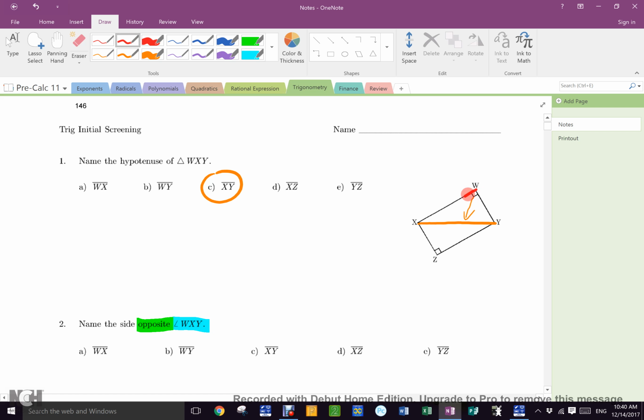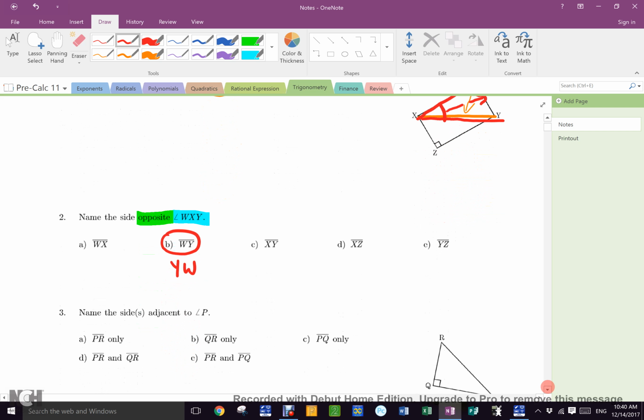It is right there. What is opposite to that? Opposite means across. So it is WY. What if I had said YW? Is it the same? Yes. How many people have 2 out of 2? Awesome. That means I don't have to review that stuff.